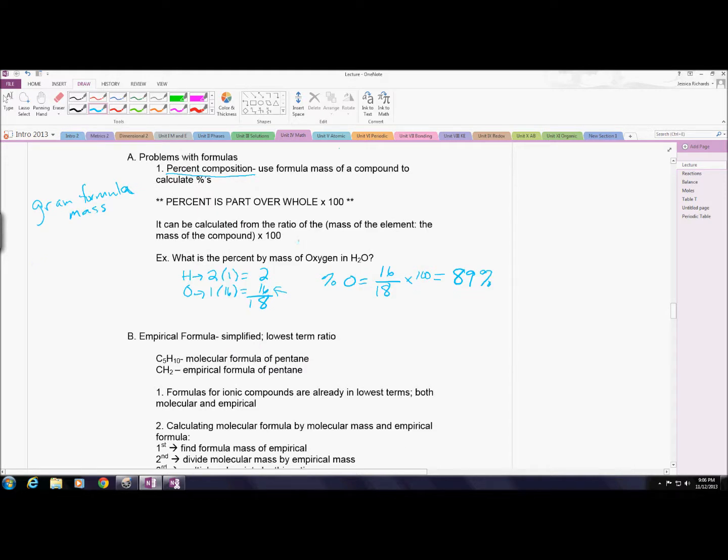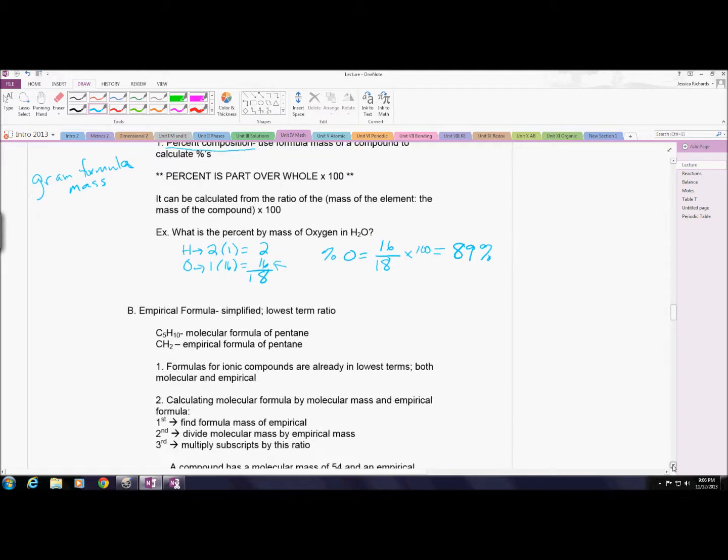We can work with the lab data then and figure out what percent by mass comes from each element, and using that we can figure out what the actual empirical formula or molecular formula of the compound is. So it helps us to identify an unknown compound using lab data.